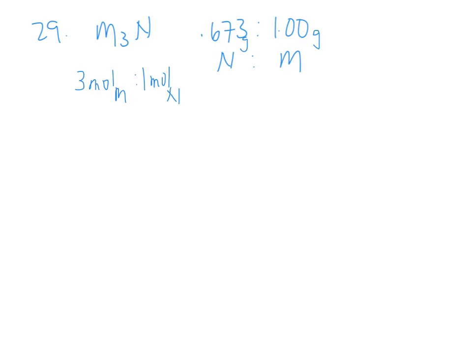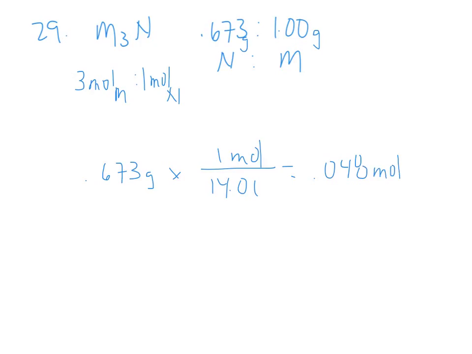So if I go ahead and change my 0.673 grams to moles, I know that 1 mole of nitrogen is 14.01. So the 0.673 divided by 14.01 equals 0.048 moles of nitrogen.